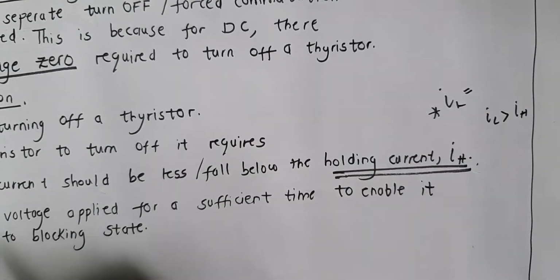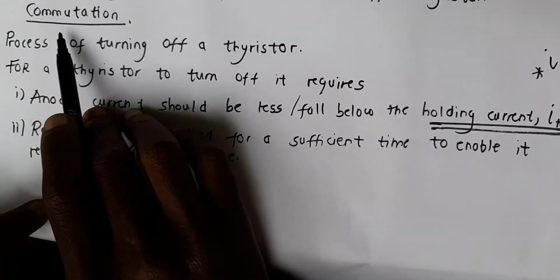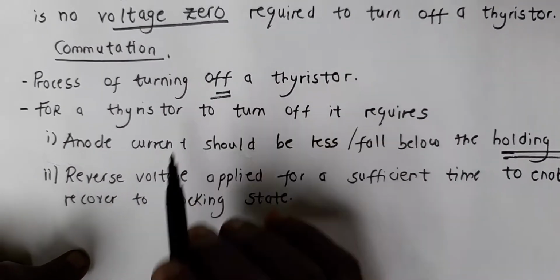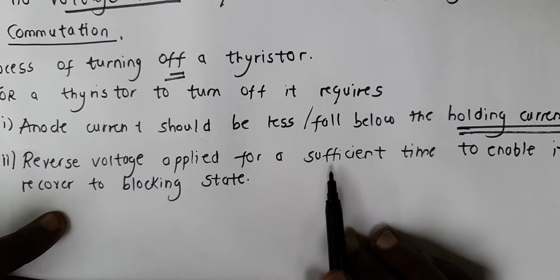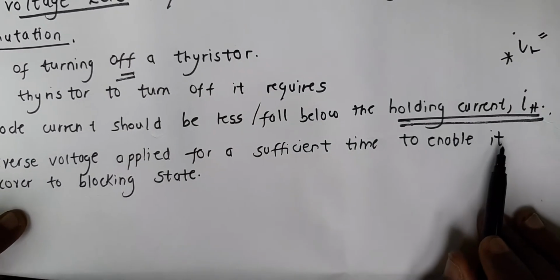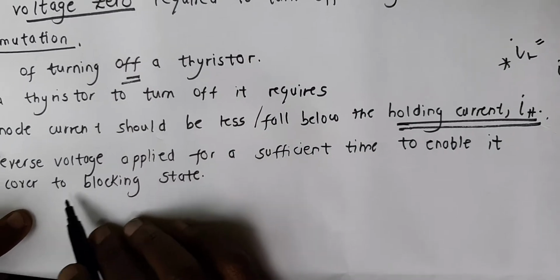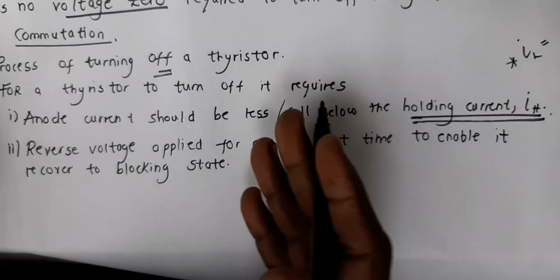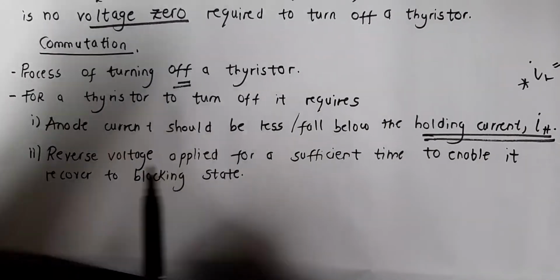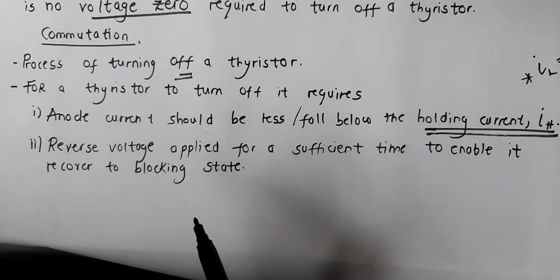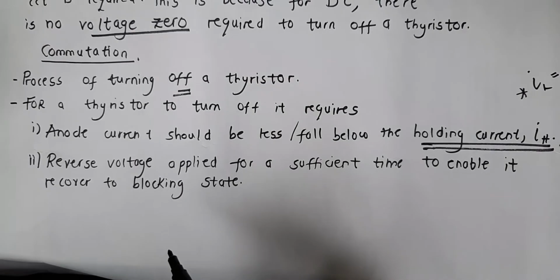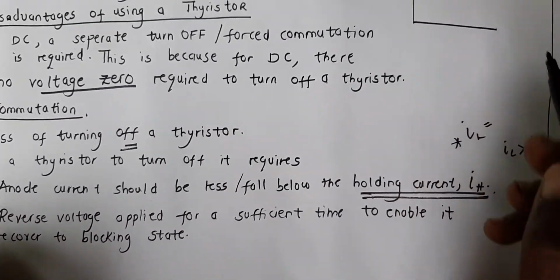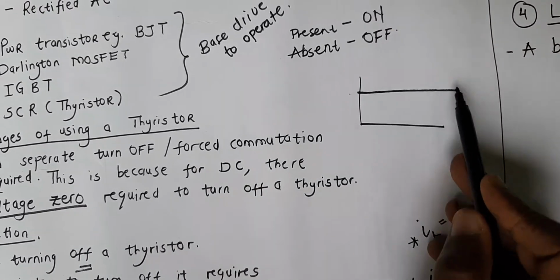And then the second requirement for us to be able to turn off a thyristor is that a reverse voltage has to be applied for a sufficient time to enable the thyristor to recover its blocking state. Okay? So in this DC-DC converter, this buck converter, the DC voltage is usually constant and fixed.